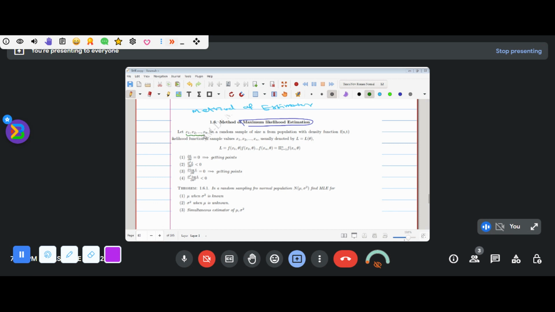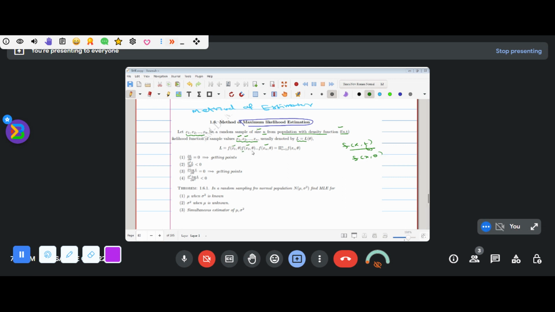Here, using the n dimensional case, a random sample is taken, and the population density is denoted f of x comma theta. Then the maximum likelihood function is denoted L equal to L of theta. f of x comma theta is single dimensional, and when you move to the n dimensional case, since n variables are there, you put x1, x2, up to xn.